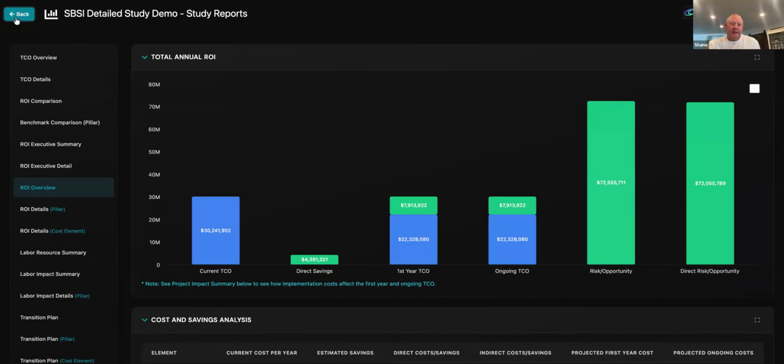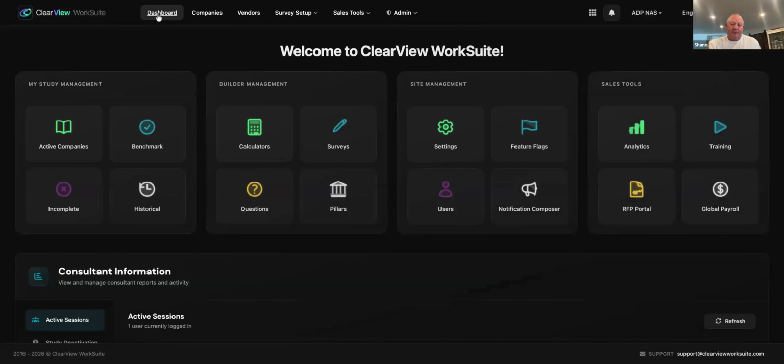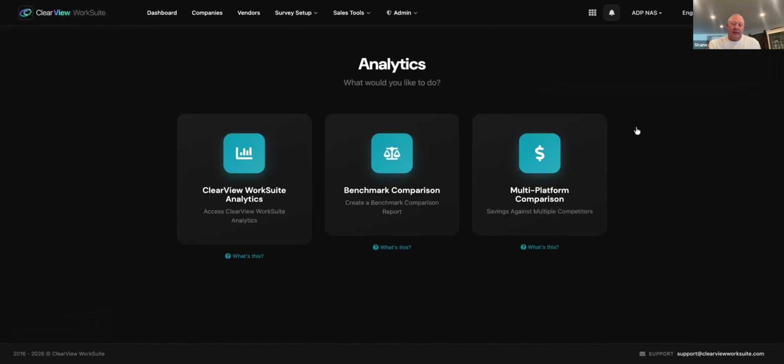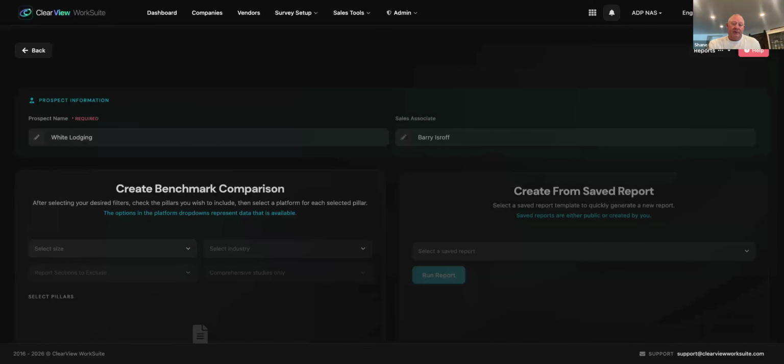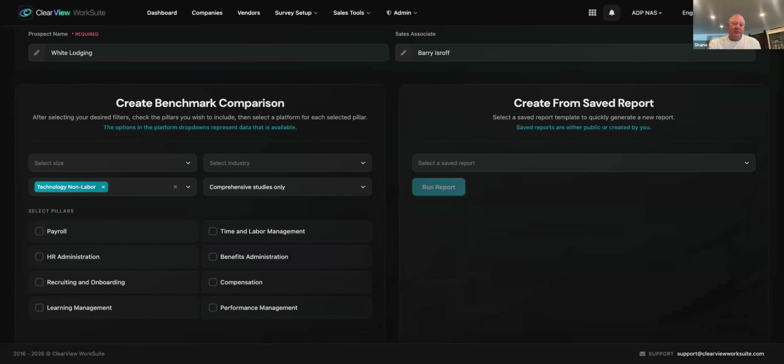Now, getting to Dave's point, I'll go over here to the main dashboard and show you what he was talking about on the analytics side. So I can run out here and do a benchmark comparison report. This happens to be an ADP environment because they're a client of ours, but you can see this sales guy ran this for this company.